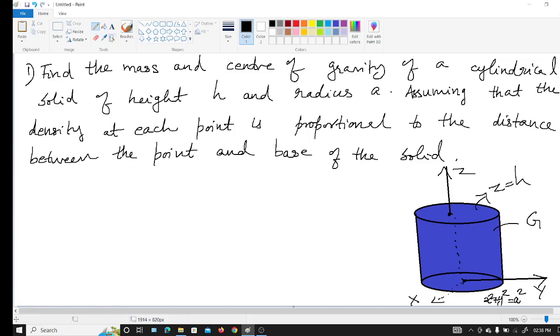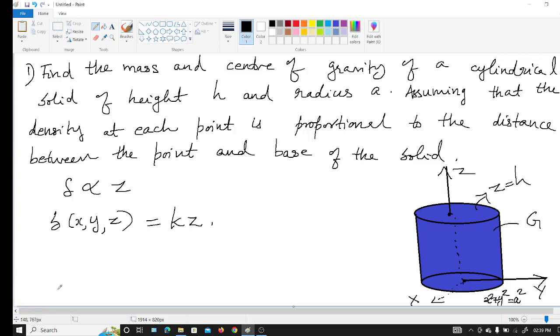Now, since the density is proportional to the distance z from the base, we have the density function delta(x,y,z) equal to k z, where k is the proportionality constant, which is always positive.